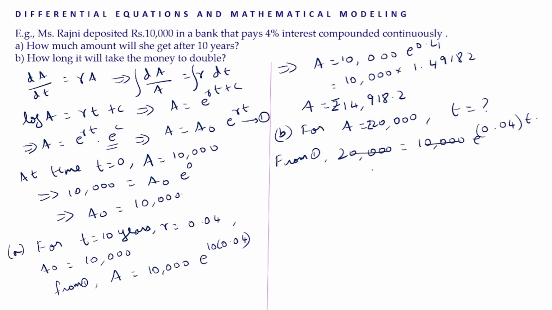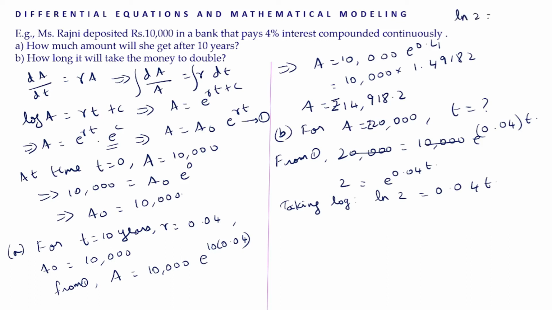So we have 2 is equal to e raised to 0.04 t. We can take log on both sides, that is, we take natural logarithms. So ln 2 will be 0.04 t. In many questions, the use of ln 2 will be there, so it is better to remember this value.